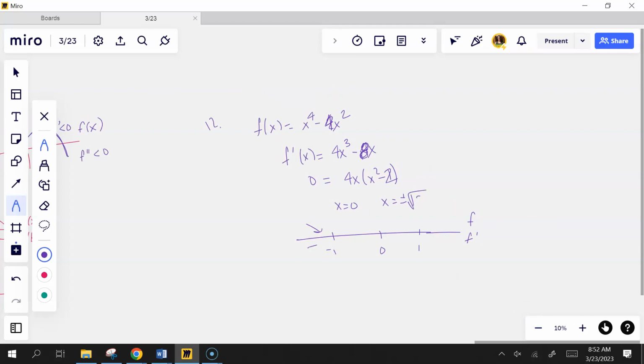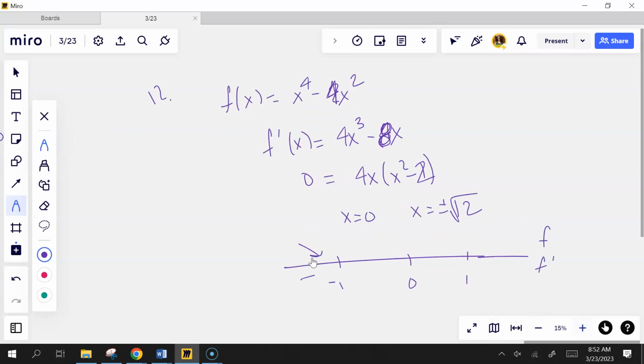So this is plus or minus square root of 2. The derivative. That's why, so I get confused with that too. That's why I put derivative down here, so I remember I'm looking for the sign of the derivative to tell me what the function's doing up here.